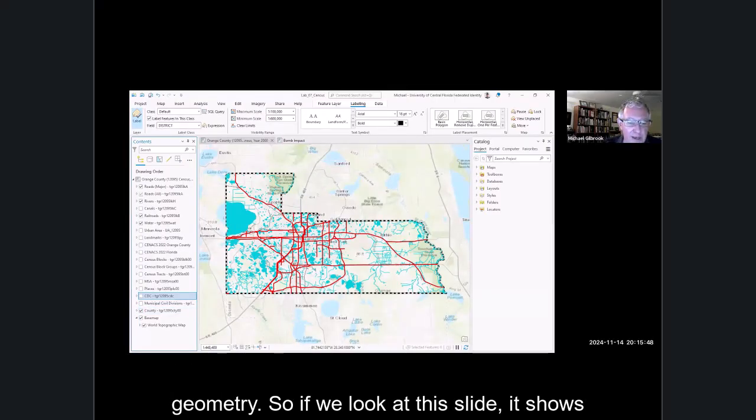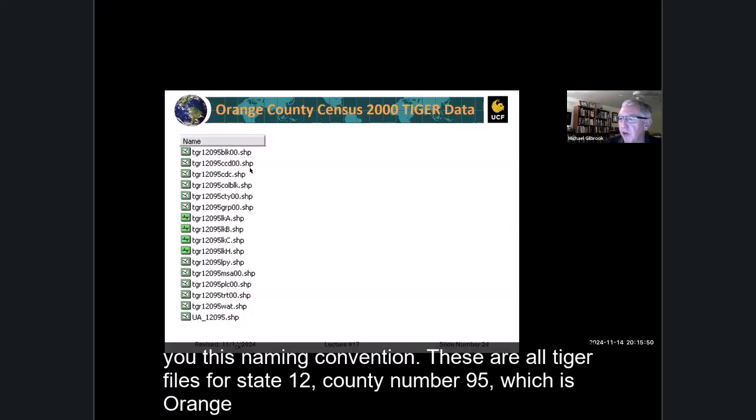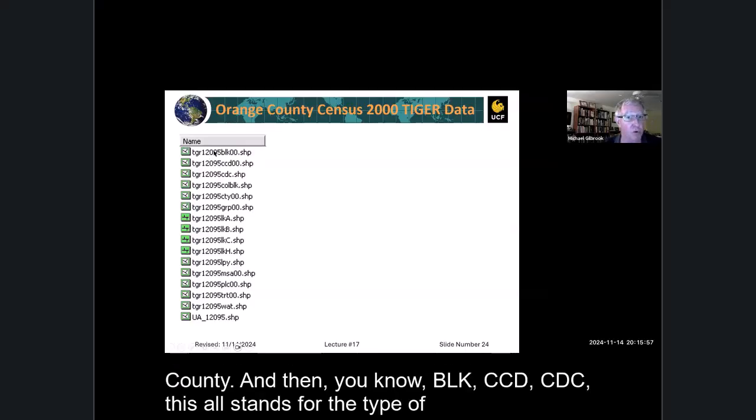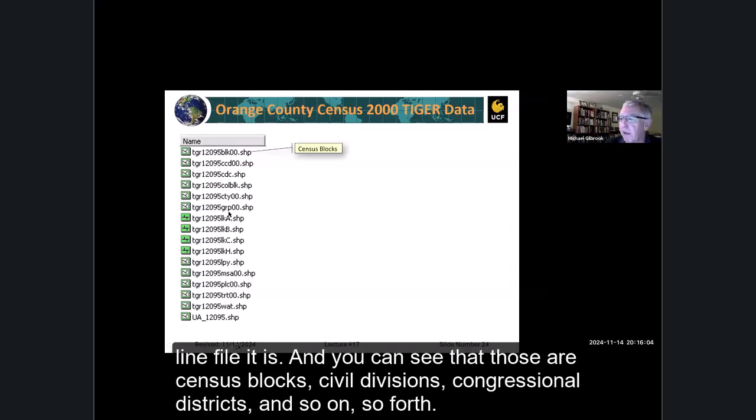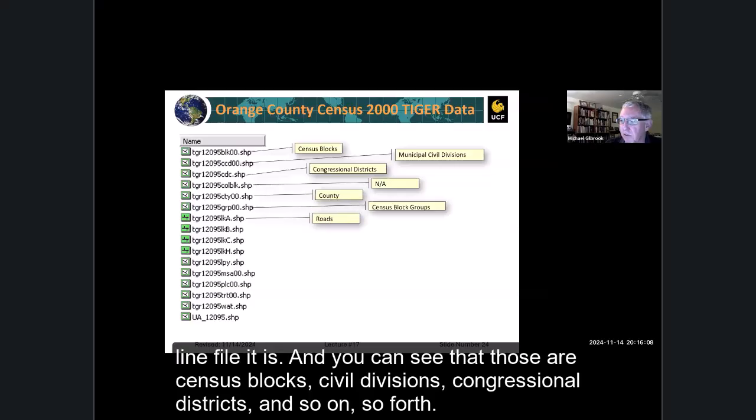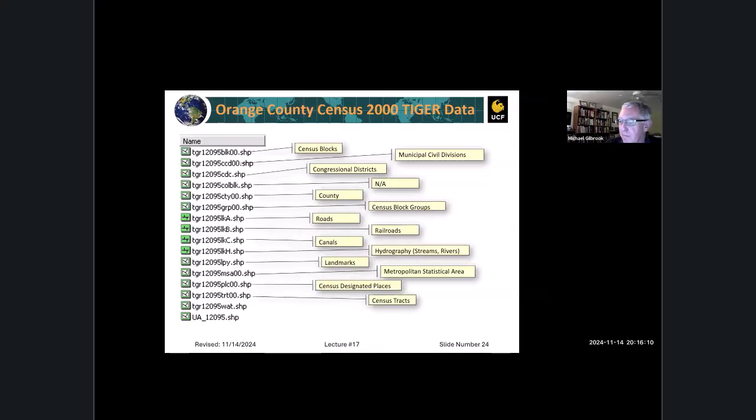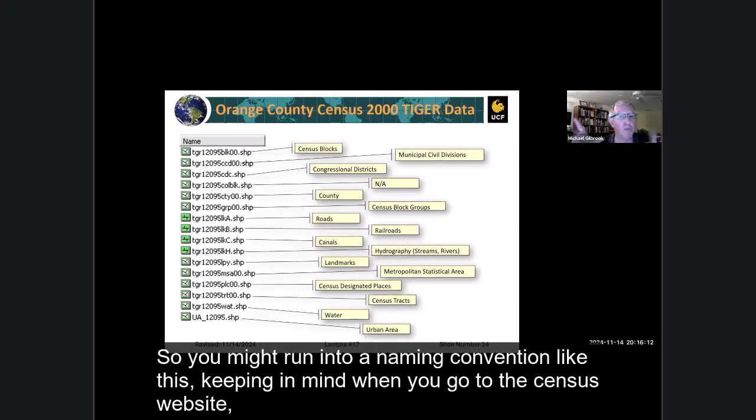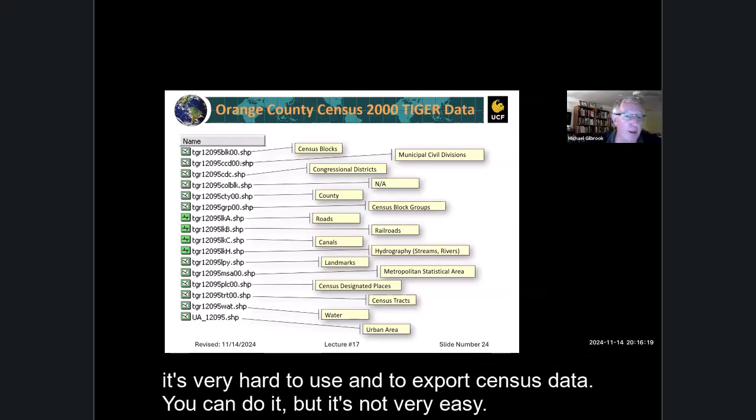So if we look at this slide, it shows you this naming convention. These are all TIGER files for state 12, county number 95, which is Orange County. And then BLK, CCD, CDP, this all stands for the type of line file it is. And you can see that those are census blocks, civil divisions, congressional districts, and so on and so forth. So you might run into a naming convention like this, keeping in mind when you go to the census website, it's very hard to use.